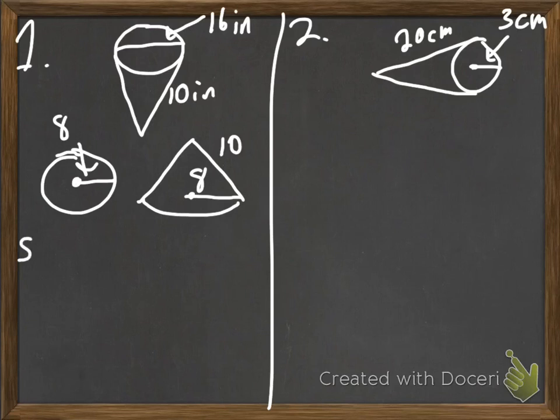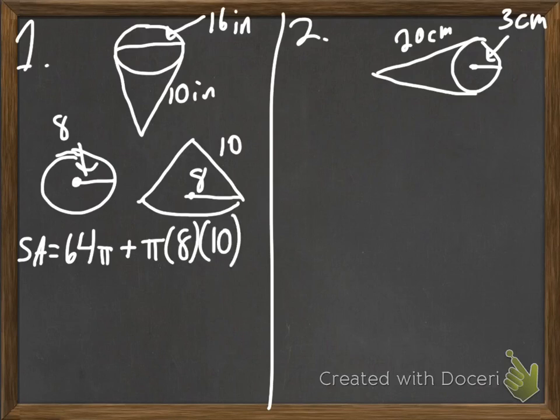So this is going to be 64 pi plus pi times 8 times 10. Now if we plug this very carefully into the calculator, we get 452.39, and it's inches squared.